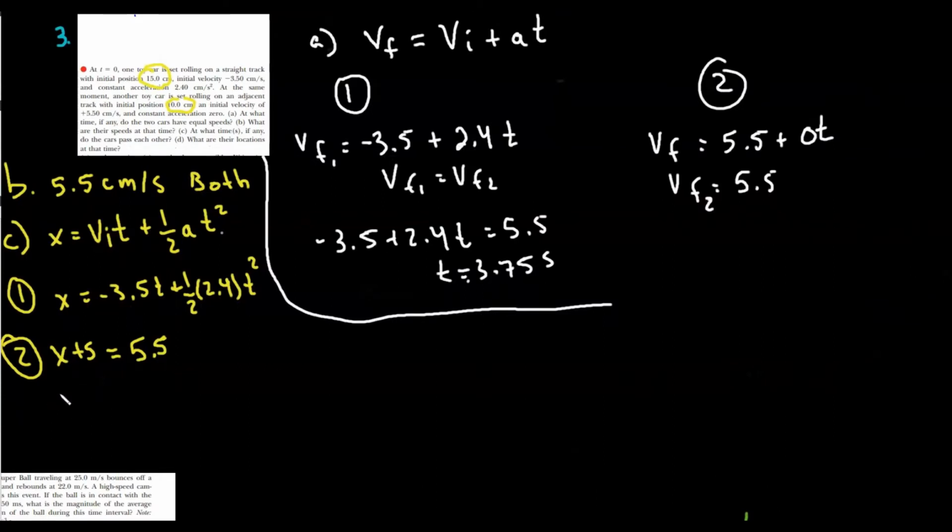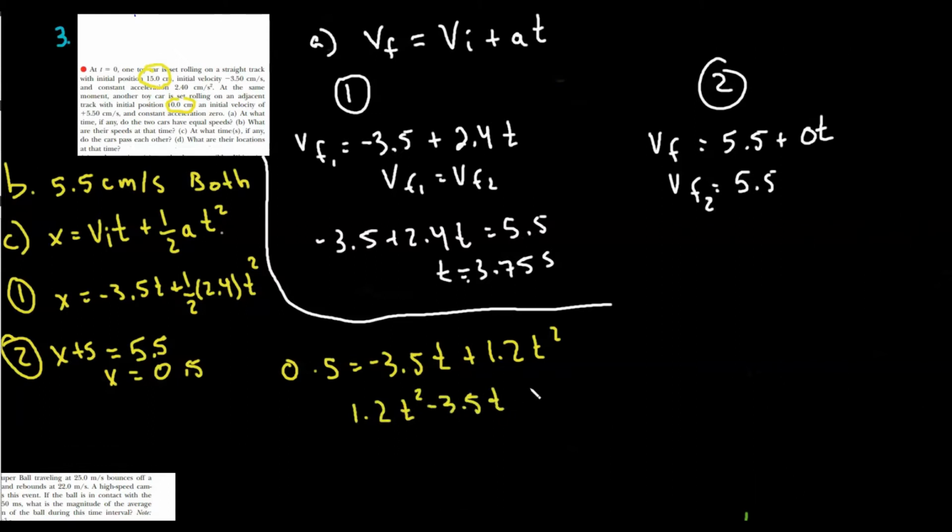What we would do is solve for x here, so we get x is equal to 0.5. If we plug it into that equation, now we get 0.5 is equal to negative 3.5 t plus 1.2 t squared. So I bring over everything to one side. We get 1.2 t squared minus 3.5 t minus 0.5.